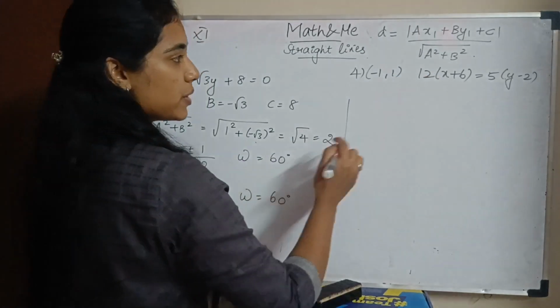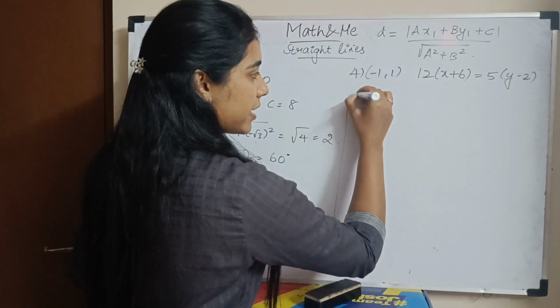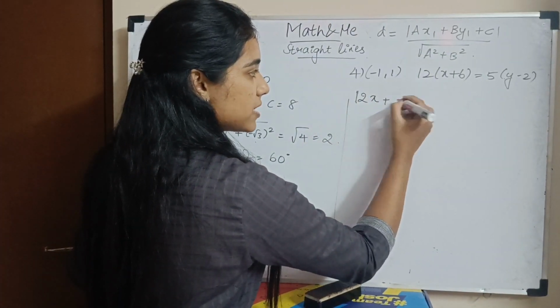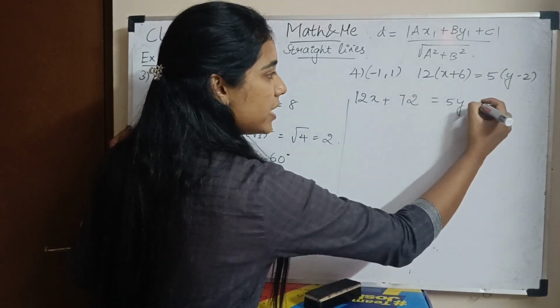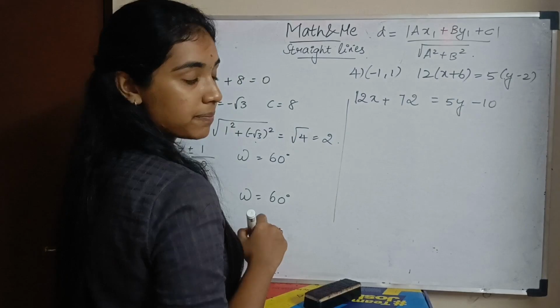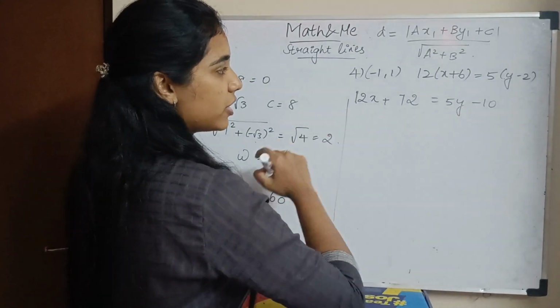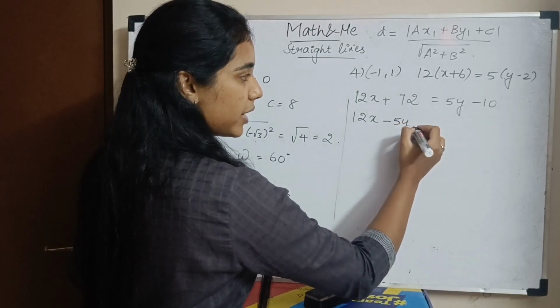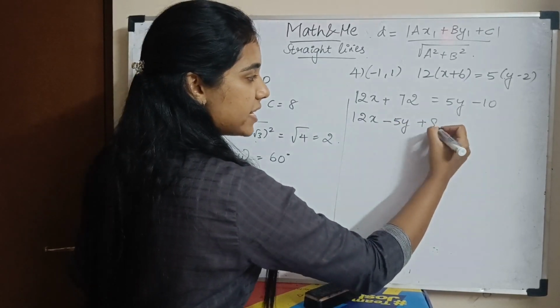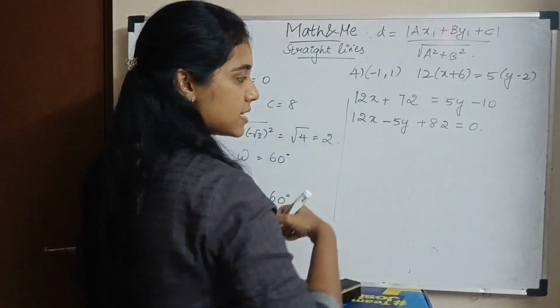So this is the equation. I'm opening the brackets. 12x plus 72 equals 5y minus 10. I'm bringing everything to one side. I have 12x minus 5y, 72 plus 10 is 82, equals 0.